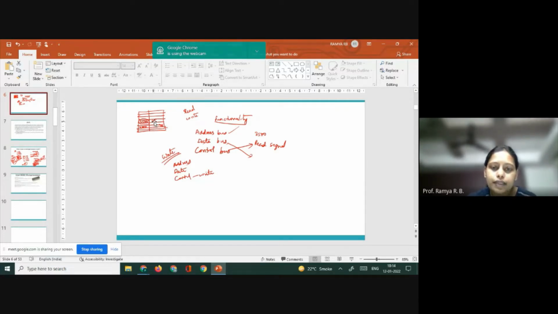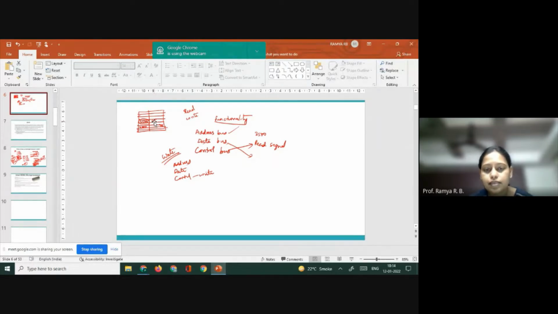So how will the buses be used in the process? That was what we discussed yesterday. First you have to place the address 3500 on the address bus, because that is the location we want to access. Then if it is a read operation, the control bus should have the read signal, generated by the control unit.